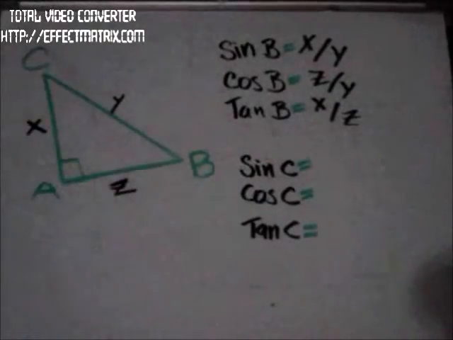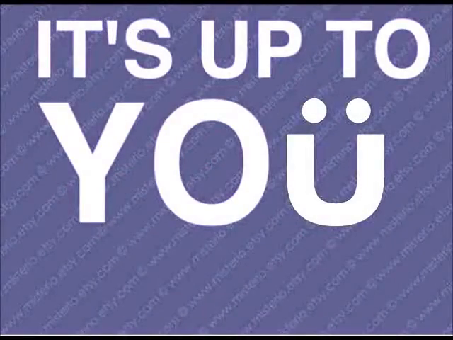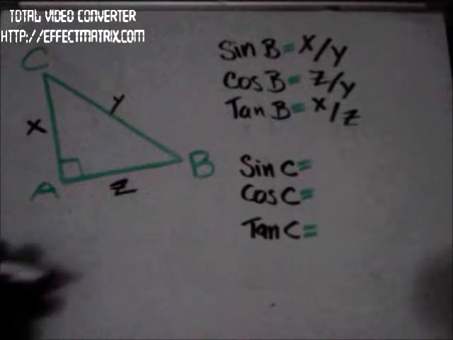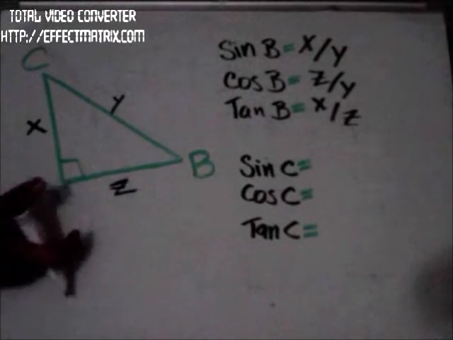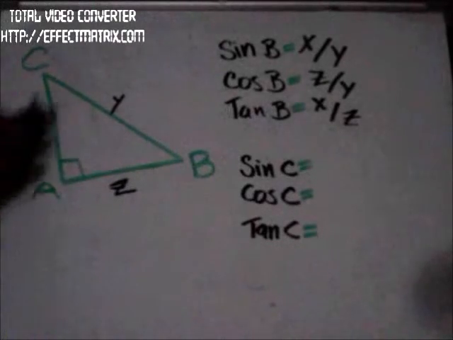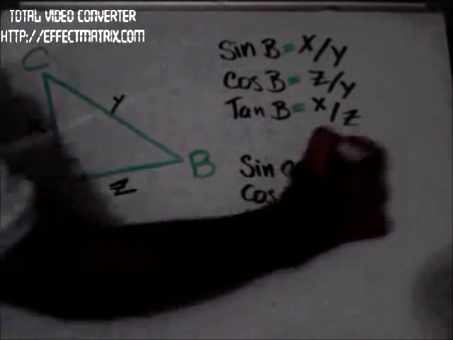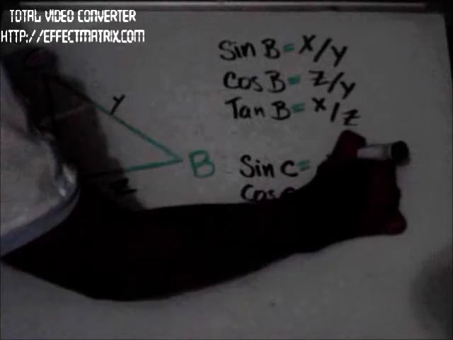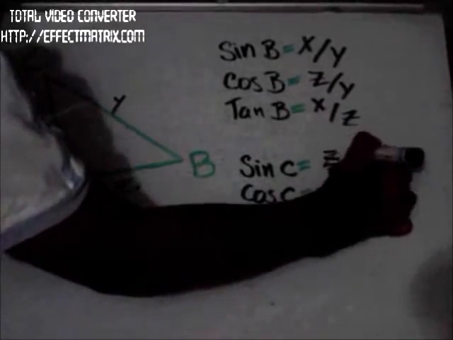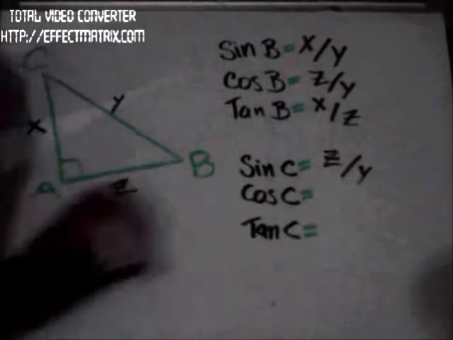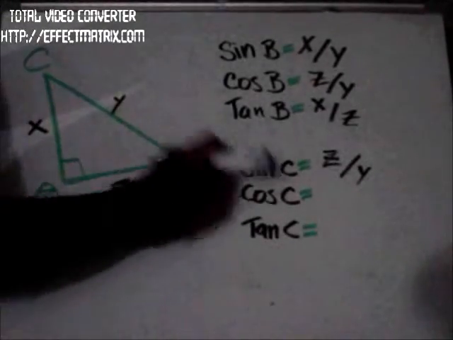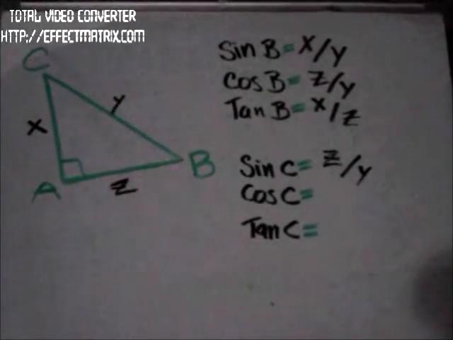Now you can try it by yourselves. So, sine of C. As before, opposite over hypotenuse. Opposite side, Z, over hypotenuse, Y. Cosine of C is adjacent side over hypotenuse.